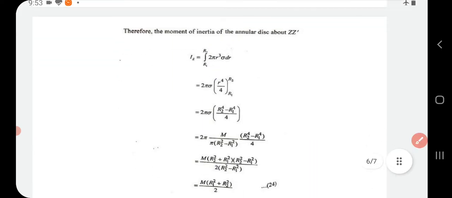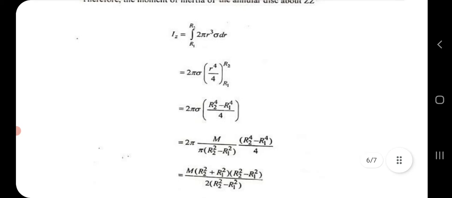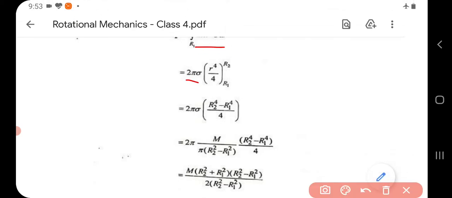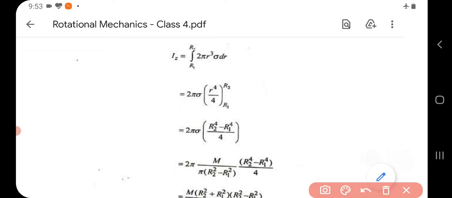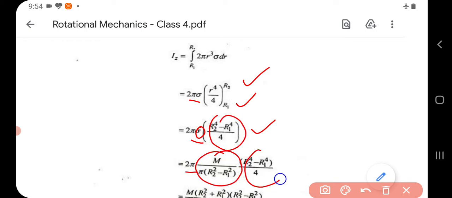Now 2 pi sigma is a constant, take it outside. Then the integral of r cube dr is r raised to 4 by 4. Apply the limits r1 to r2: 2 pi sigma into r2 raised to 4 minus r1 raised to 4 by 4. Then sigma we have already written as m by pi into r2 square minus r1 square.